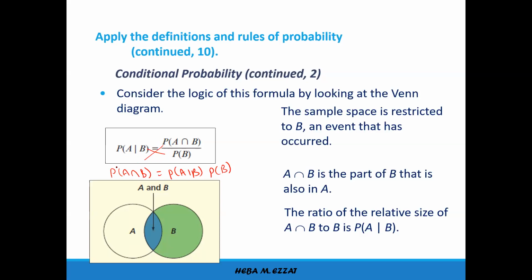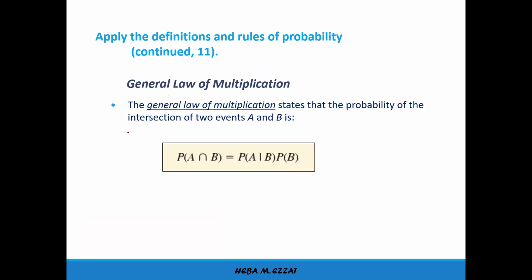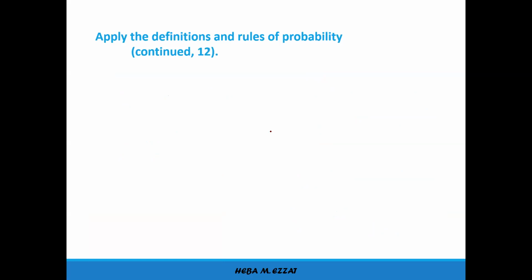Both of them are equal and the meaning of both of them is the same. Okay, so here the general rule of multiplication: if we are seeking to know the intersection between the two events, in this case I will multiply the given probability by the probability of B.